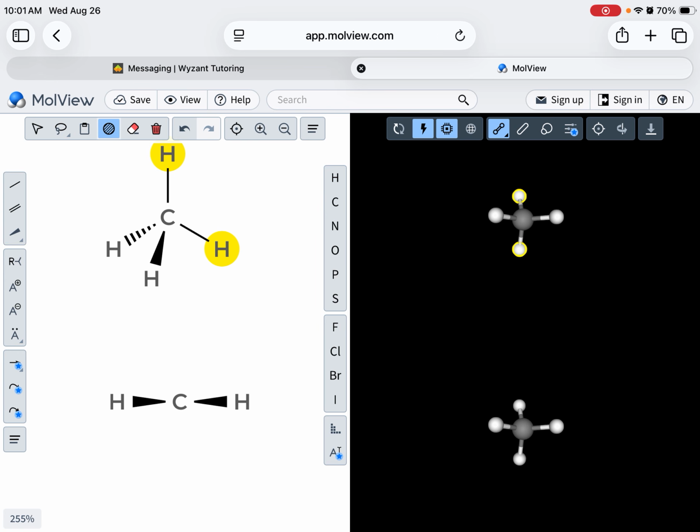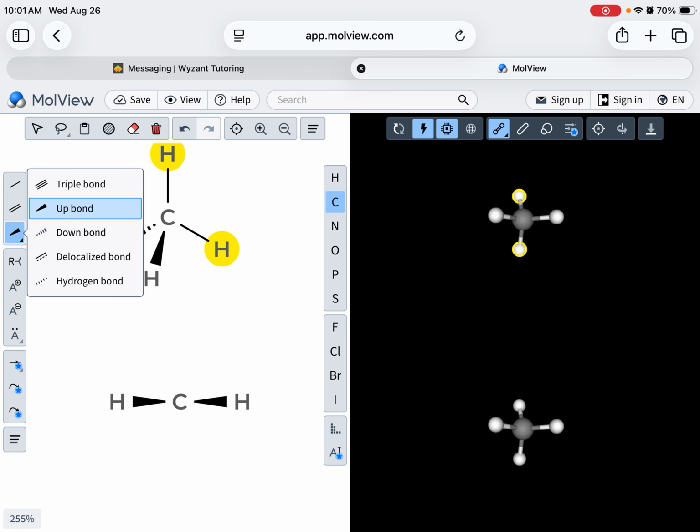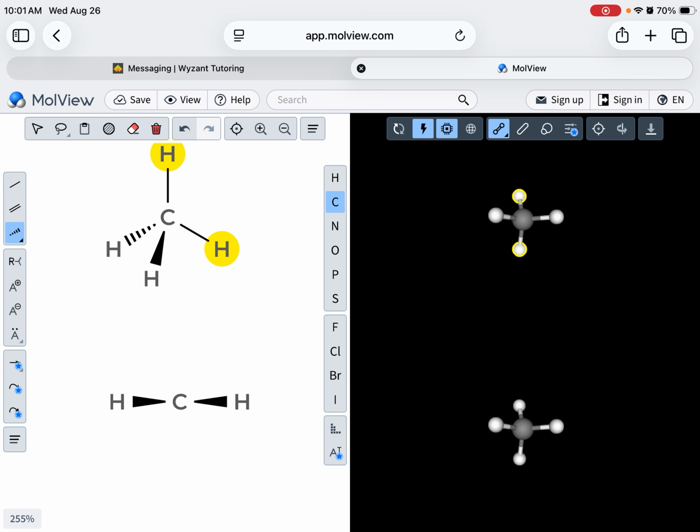So let's highlight those. There's that hydrogen and that hydrogen. Do you see how it's sticking out at you? And then the dashed bonds like this. But those dash hydrogens right there are the two hydrogens that are pointing away from you.